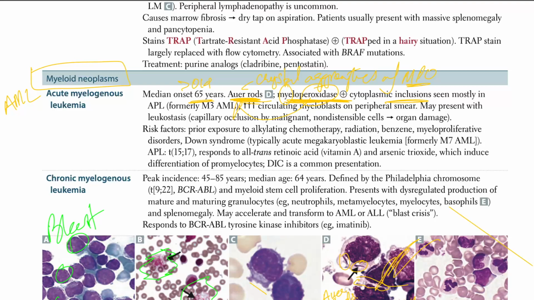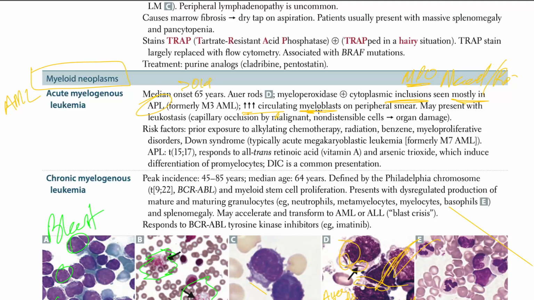They can also describe Auer rods as needle or rod shaped. As you can see, they're needle-rod shaped inclusions, mostly seen in APL, which is formerly M3 AML. There is an increase in circulating myeloblasts on peripheral smear, and an increase in circulating immature myeloid cells.